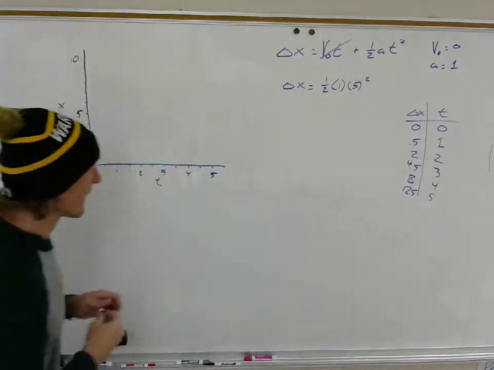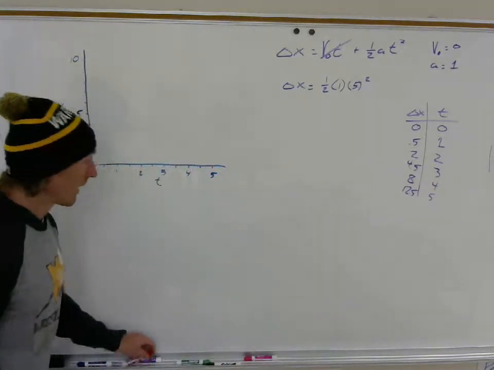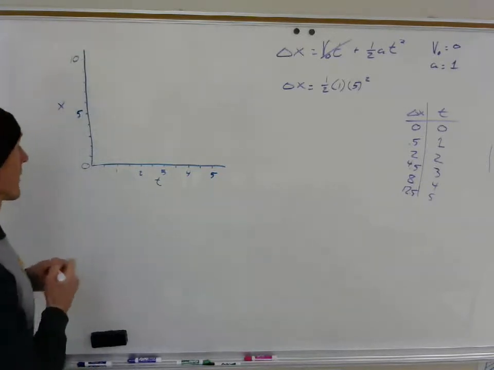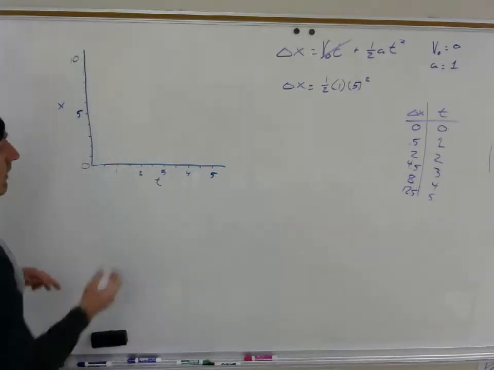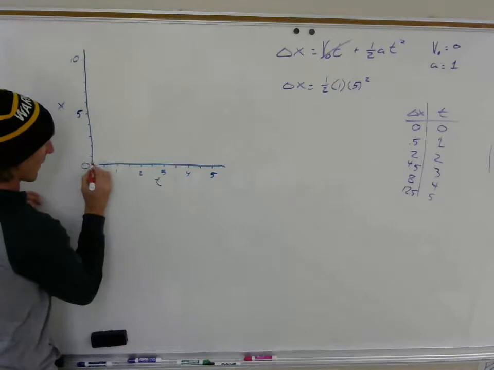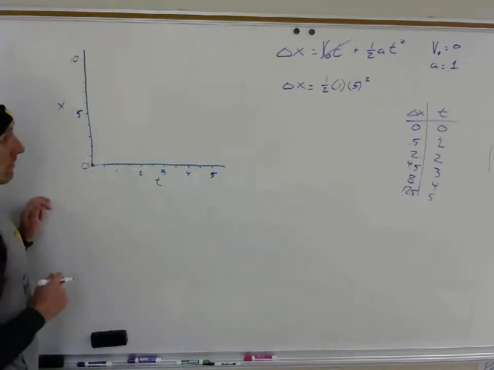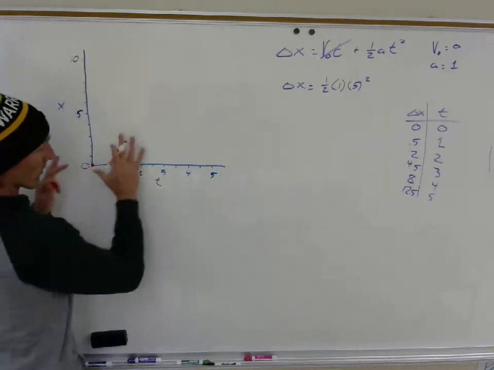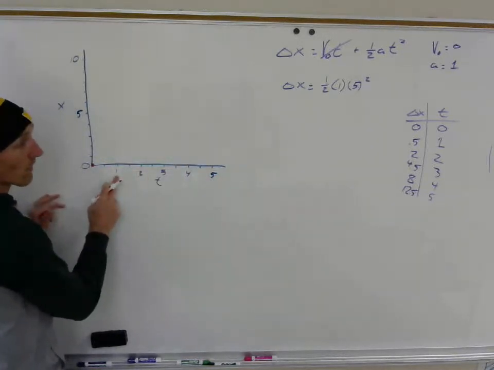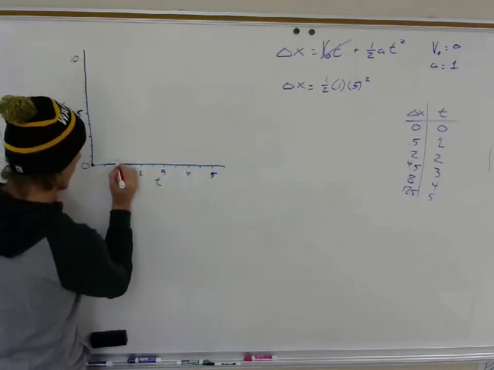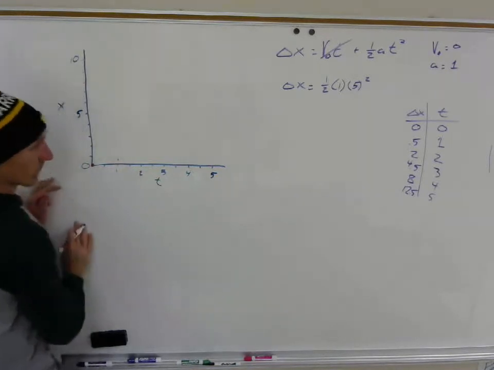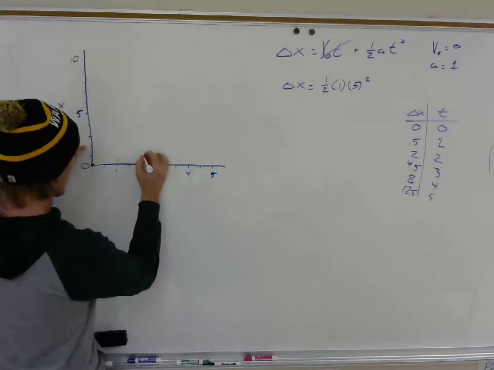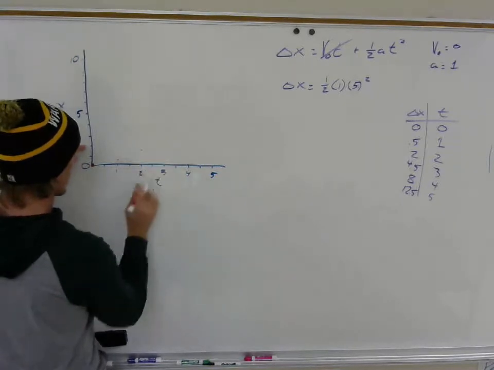All right, so now I can take this and plot it on a graph and see what the actual shape is. So at time 0, I'm at 0, so I start right there. Then time equals 1 second. Each dash is 1/2 a second, just to spread it out a little bit. At time equals 1 second, I'm at 0.5, so I'm right there. At time equals 2 seconds, I'm at 2.